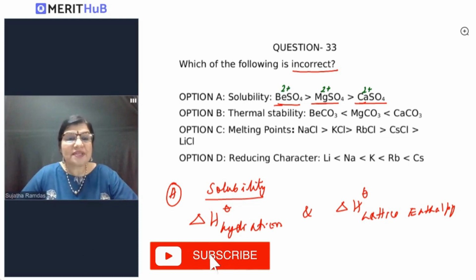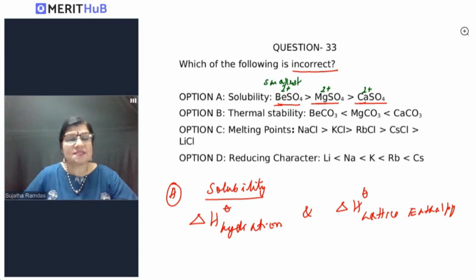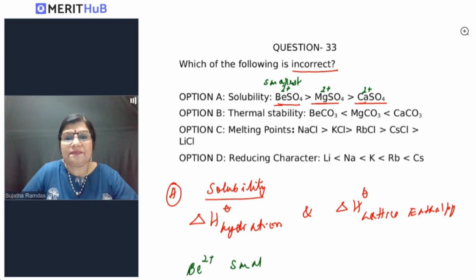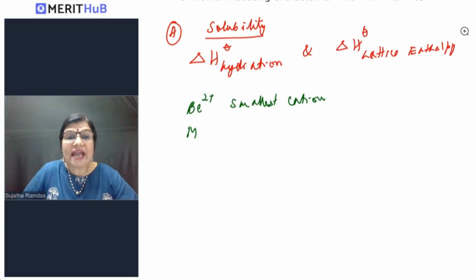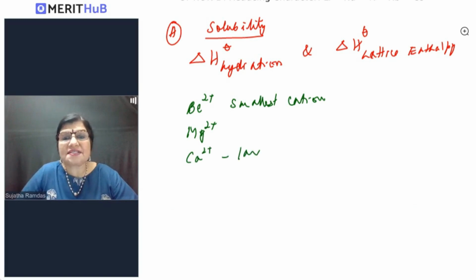The beryllium ion is the smallest cation, then we have magnesium ion, and the last one is the calcium ion, which is the largest cation in this list.